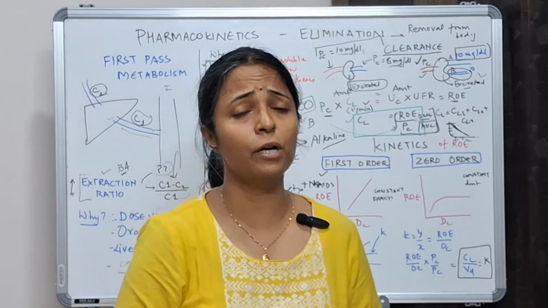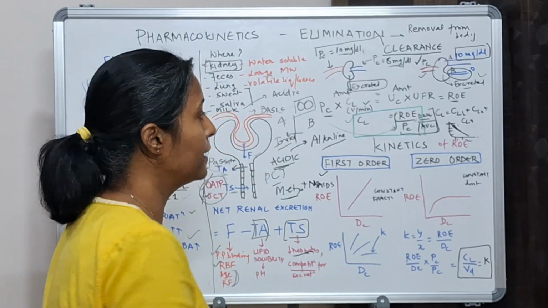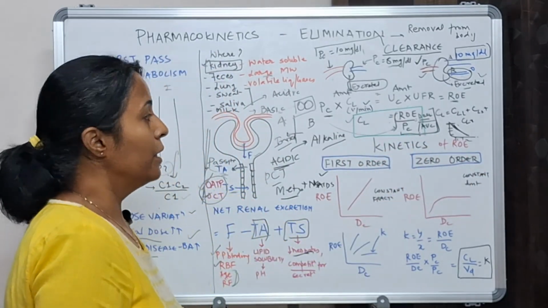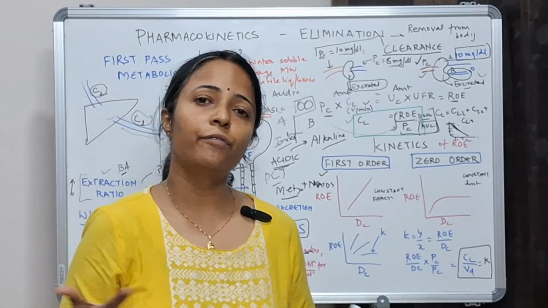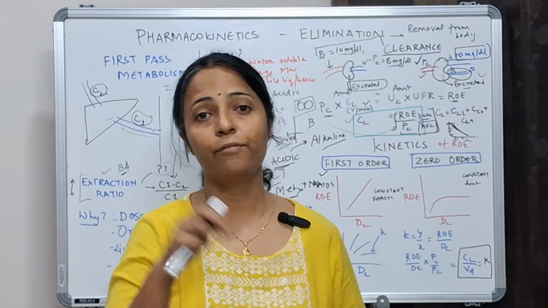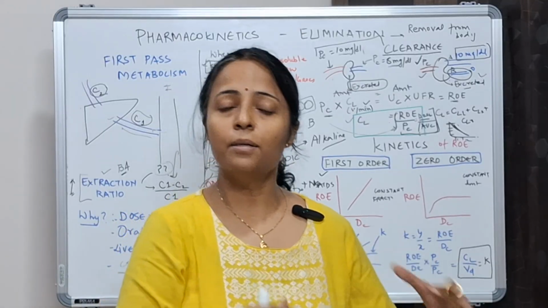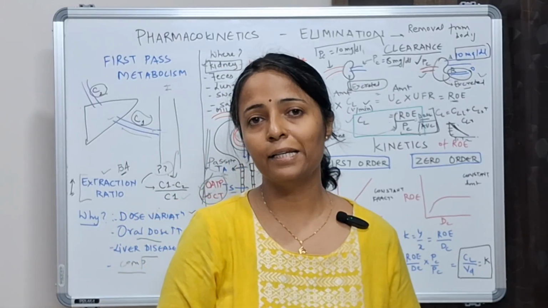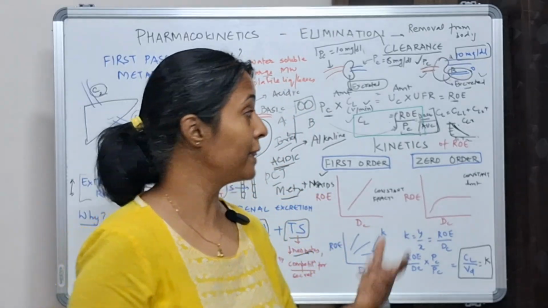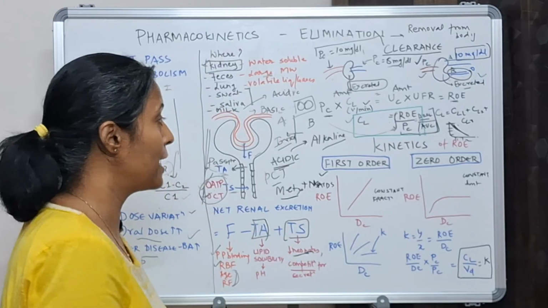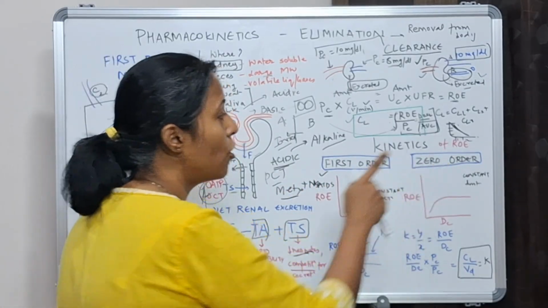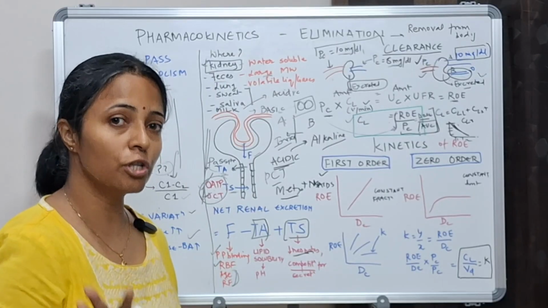Now coming to the last part of this video, that is kinetics of rate of elimination. This fundamental concept you have read in physiology as well, where we talk about simple diffusion and facilitated diffusion. Simple diffusion follows linear kinetics, while facilitated diffusion follows saturation kinetics, and that is what we are calling here first order kinetics, which is the linear kinetics, and zero order kinetics, that is the saturation kinetics.